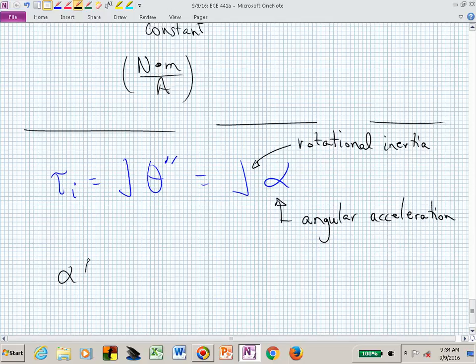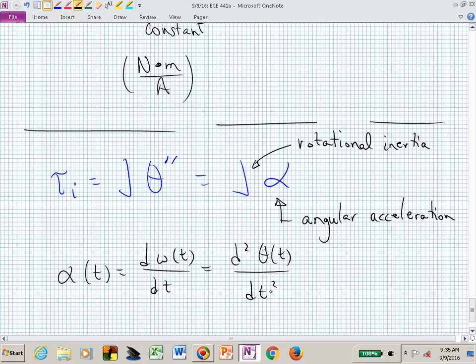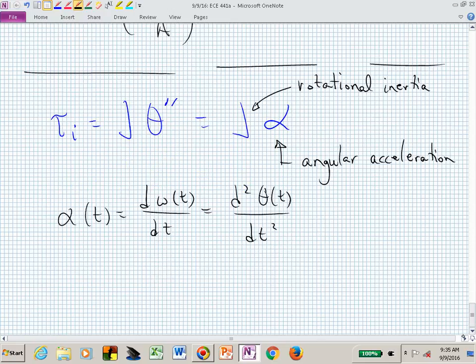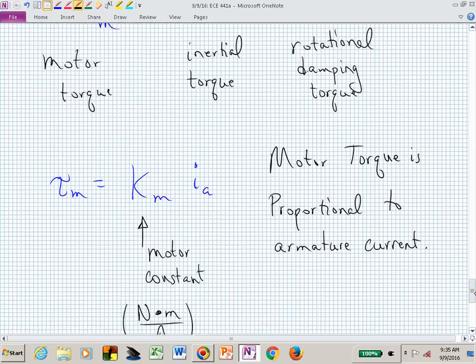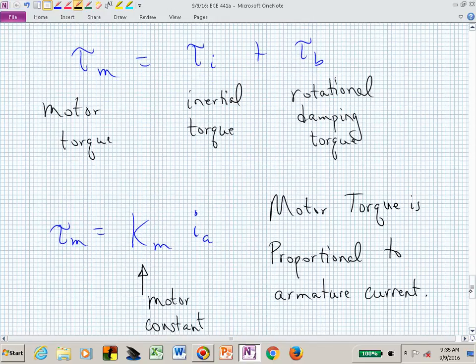So here I'm saying that alpha of t is the time rate of change of the angular rotation, which is the second derivative of the shaft angle or position, differentiated twice. And one more piece that we need to know in this formula: we have tau sub m, that's k sub m I sub a, in terms of variables we need, our current in the armature.